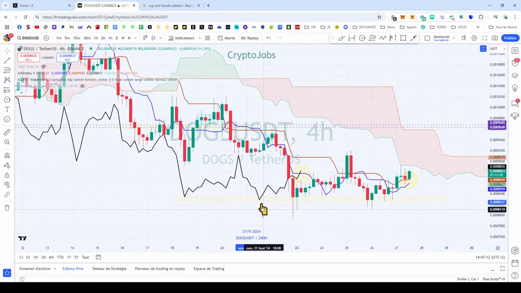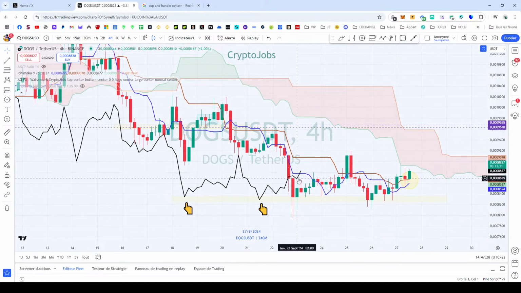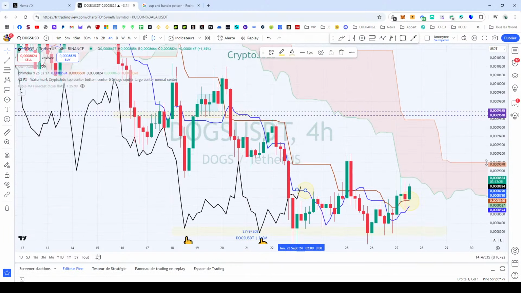You have a double bottom here by the closing, so it means there is a possible bottom forming. The price is unable to close below 0.000825 on the H4.